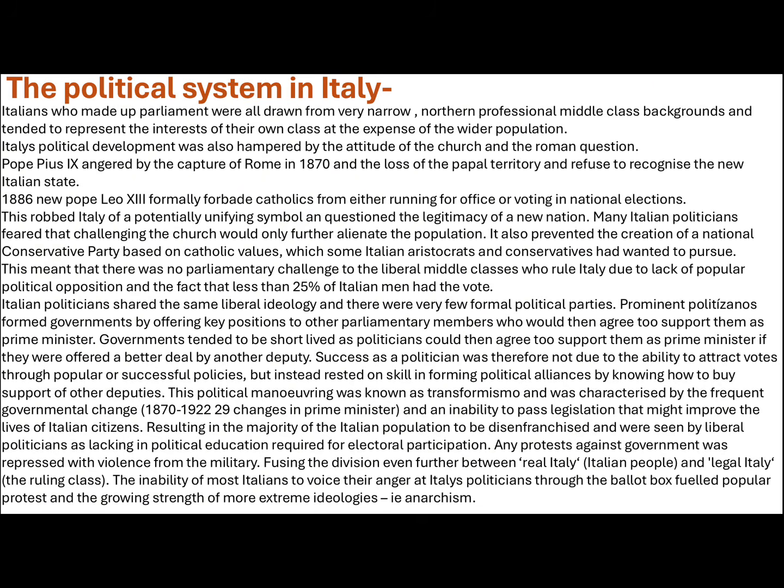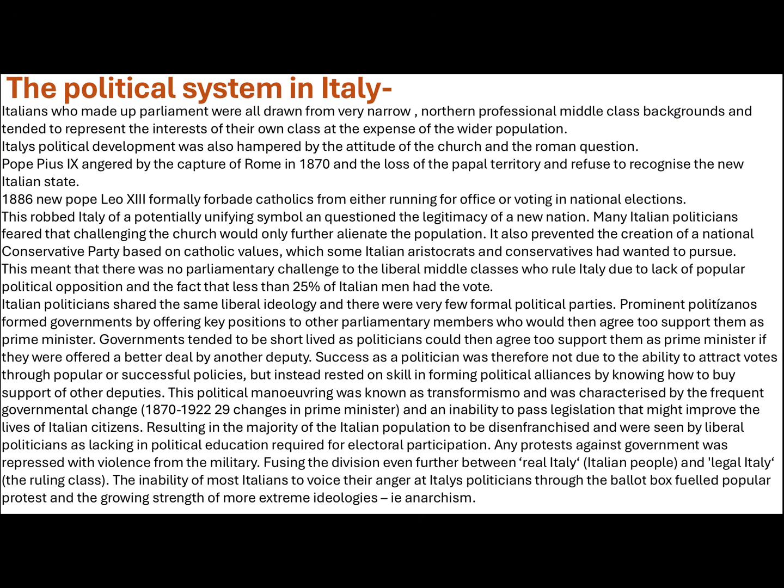Italian politicians shared the same liberal ideology, and there were very few formal political parties. Prominent politicians, I'm going to try and pronounce this, politicianos, formed governments by offering key positions to other parliamentary members who would then agree to support them as Prime Minister.